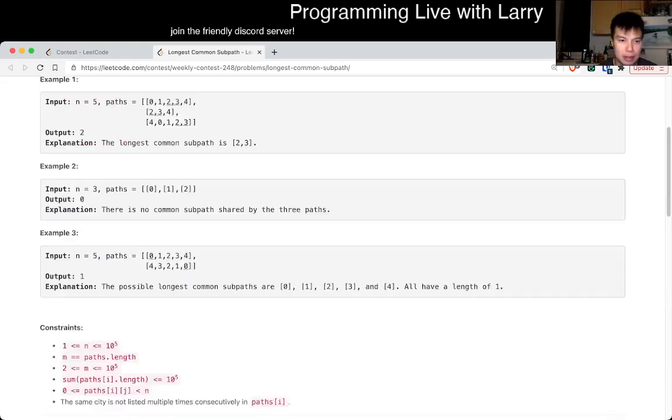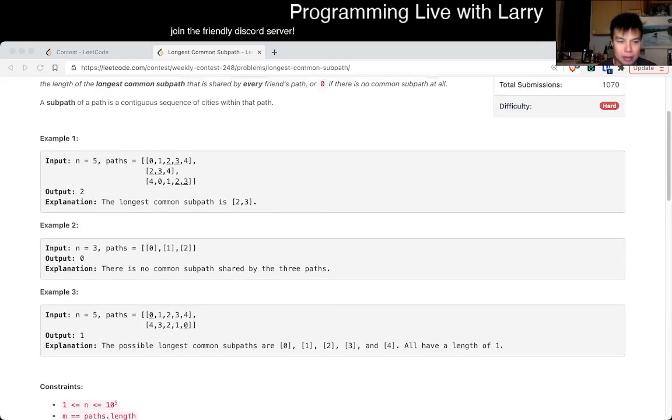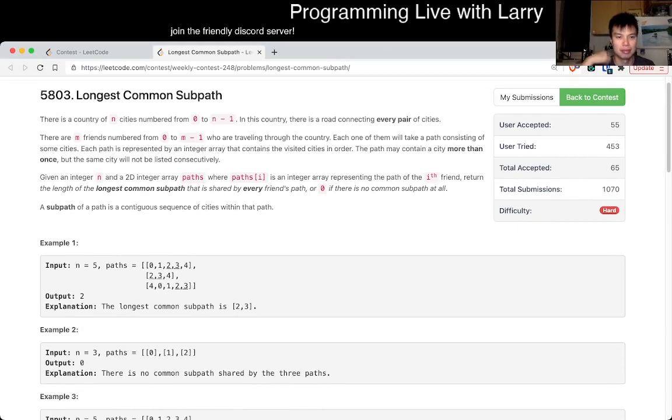Yeah, I don't know how to do this one. Can we binary search on the answer?